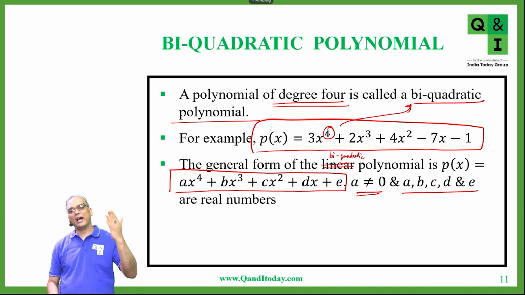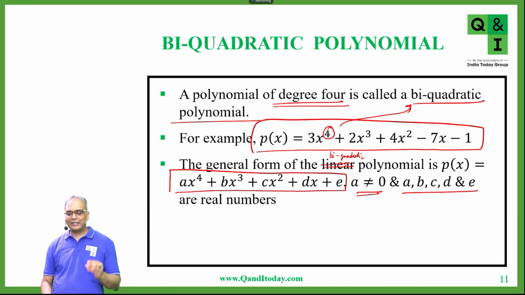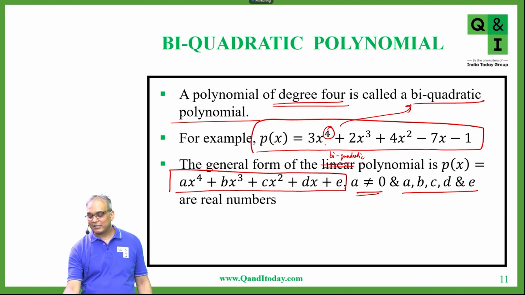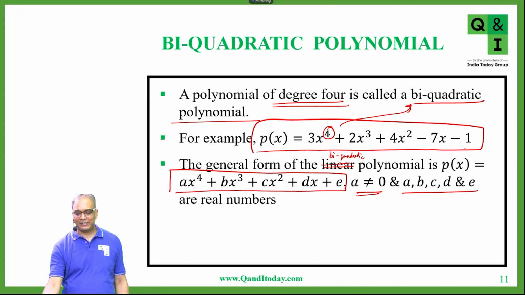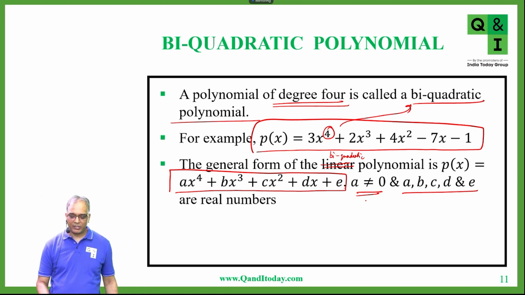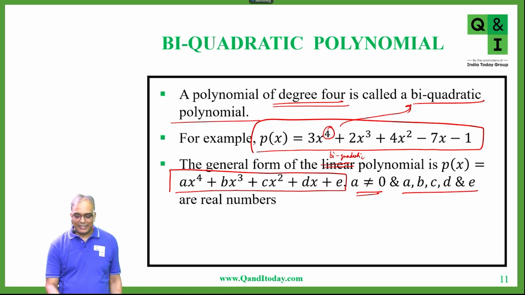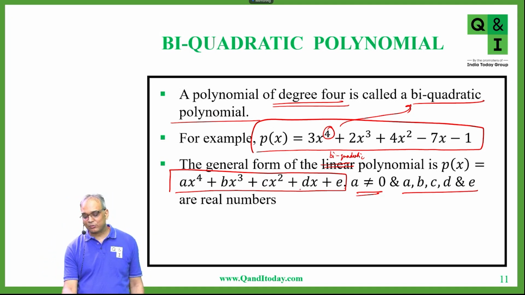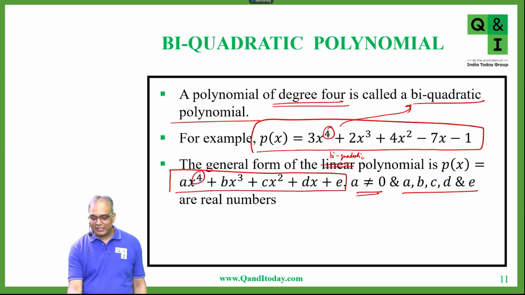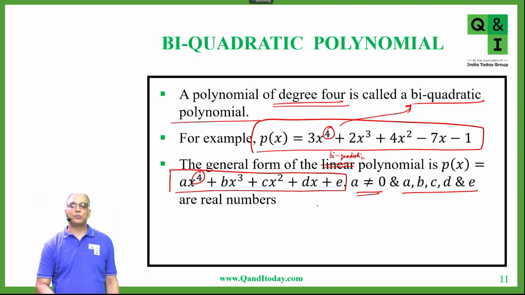If you take a square of quadratic, degree 2, that will become degree 4. So a polynomial of degree 4 is called biquadratic. Here the degree is 4, that is 3x4 plus 2x cube plus 4x square minus 7x minus 1. Since the degree is 4, this is called a biquadratic polynomial. In general, a biquadratic polynomial is written as ax4 plus bx cube plus cx square plus dx plus e. A, b, c, d, e are real numbers and a is not equal to 0.